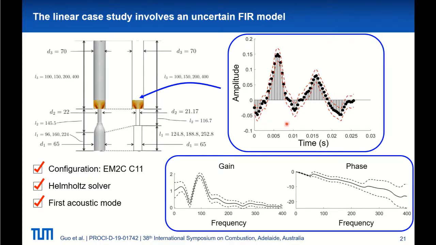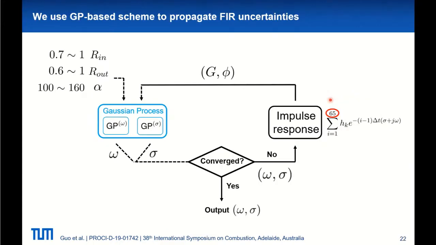Due to the combustion noise and the limited time series data, the identified FIR model coefficients are uncertain, represented by the confidence interval here. The resulting FTF uncertainty is shown here. In total, we have 65 uncertain coefficients, which follow a multivariate normal distribution. Our goal is to propagate those uncertainties to the frequency and the growth rate predictions.